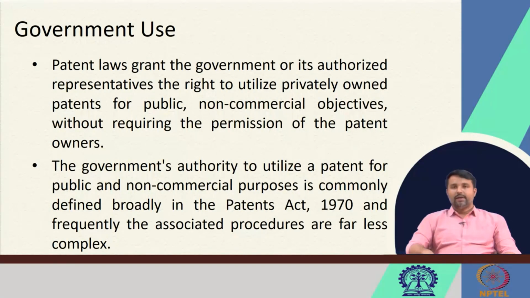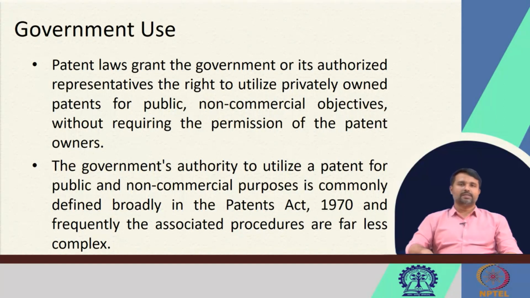Patent laws grant the government or its authorized representative the right to utilize privately owned patents for public non-commercial objectives without requiring the permission of the patentee. So, if the government wants to use an innovation, do they have to take permission from the patentee? In normal cases, when the government wants to use an innovation, it can get it licensed from the patentee.